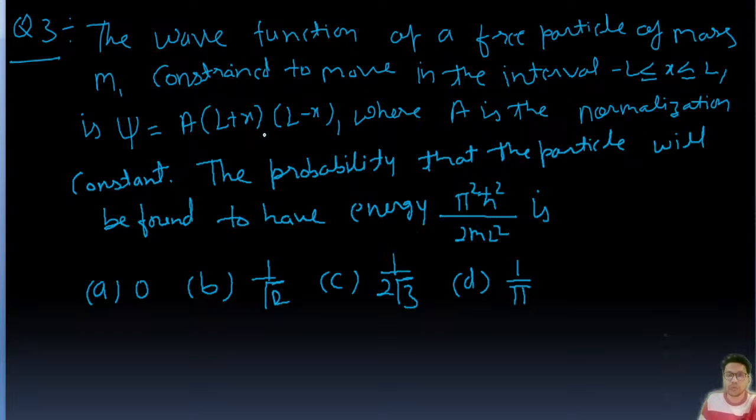Now you need to find the probability that the particle will be found to have energy pi square h square upon 2 m L square. Very good question, so I will solve it for you.